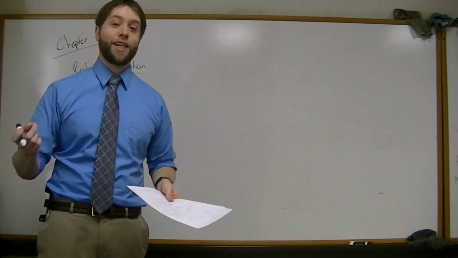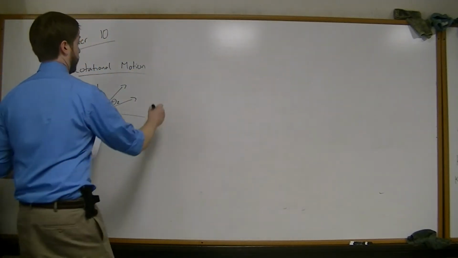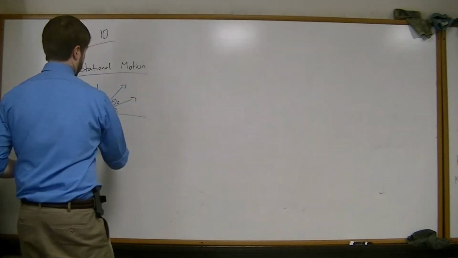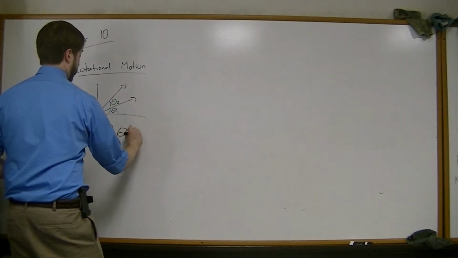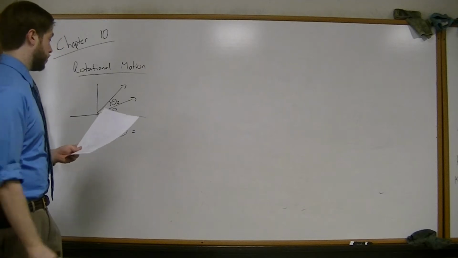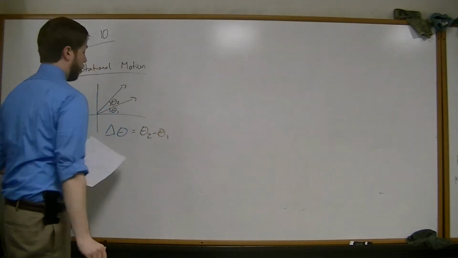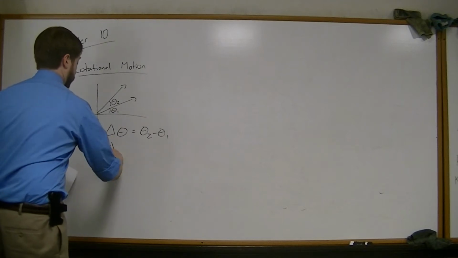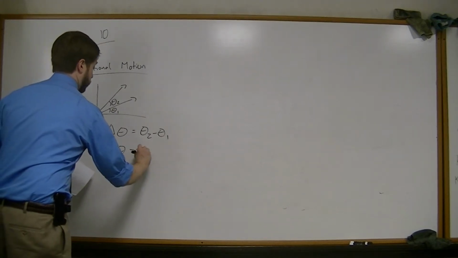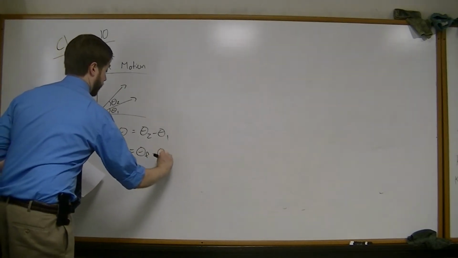So the change in theta is going to be equal to theta 2 minus theta 1. Or more generally, delta theta is equal to theta final minus theta initial.